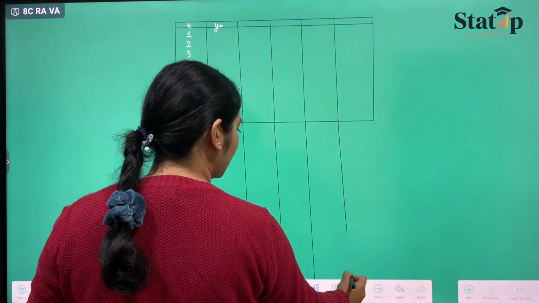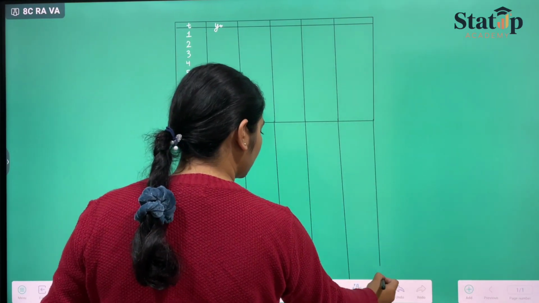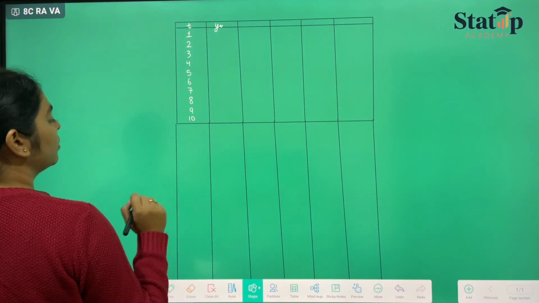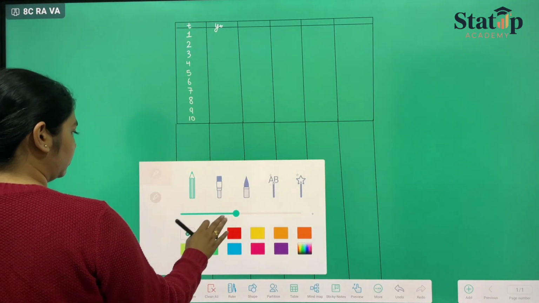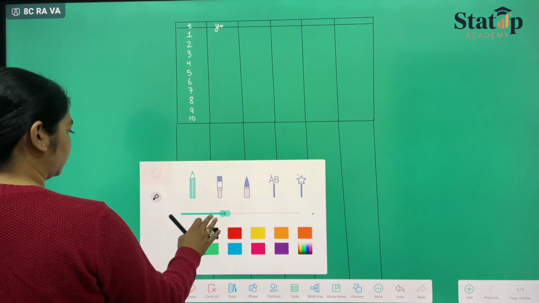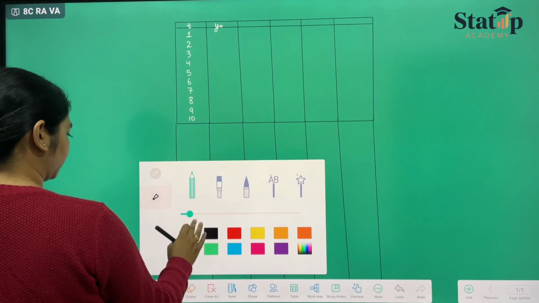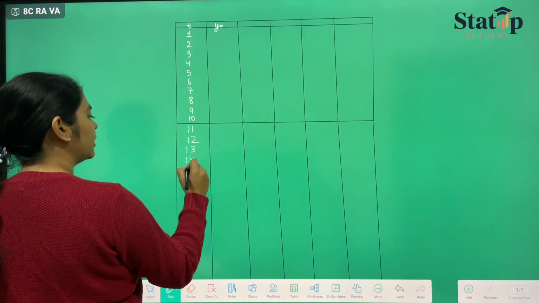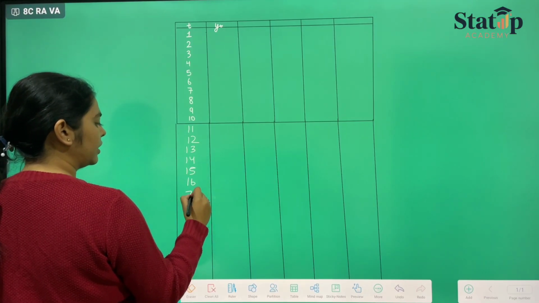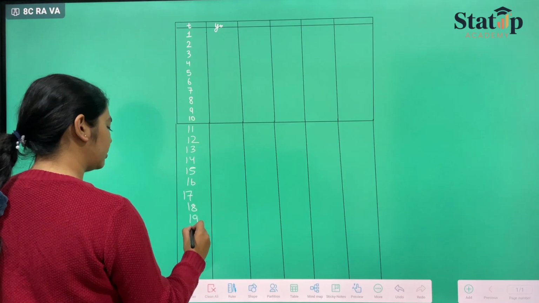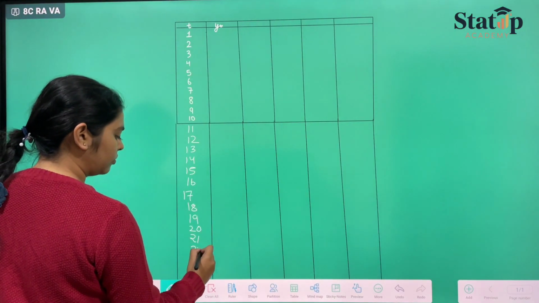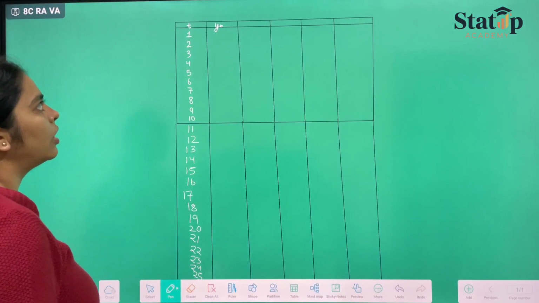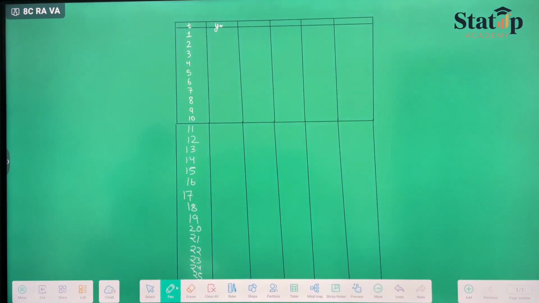So the t values are 11, 12, 13, 14, 15, 16, 17, 18, 19, 20, 21, 22, 23, 24, and 25. So these are the t's that have been given.